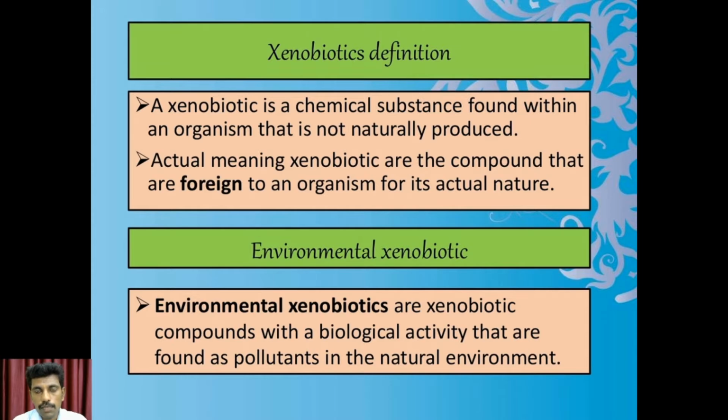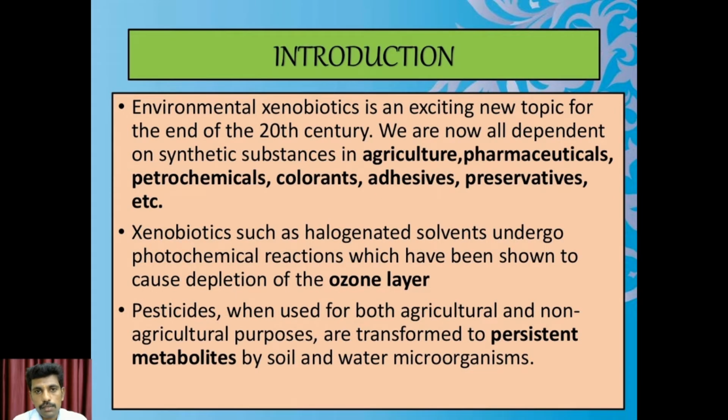Environmental xenobiotics are foreign substances found as pollutants with a biological activity in a natural environment. An important group of xenobiotics are chemical substances produced by humans with an artificial chemical structure to which organisms have not adjusted through prior evolution.